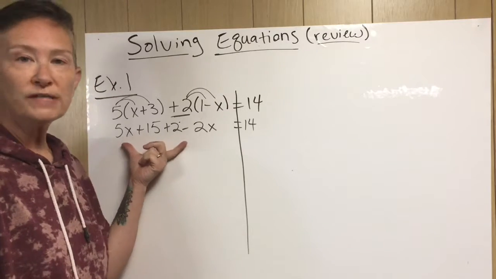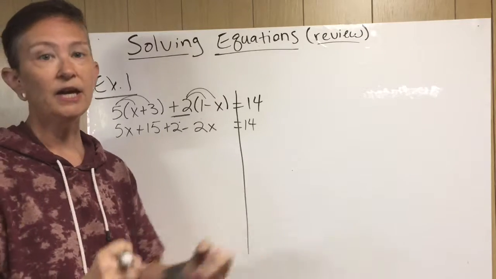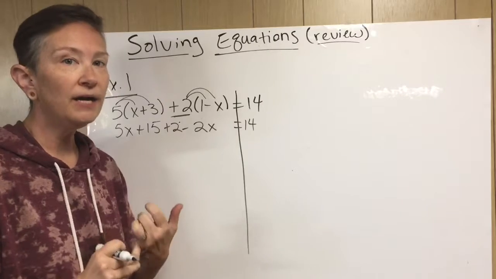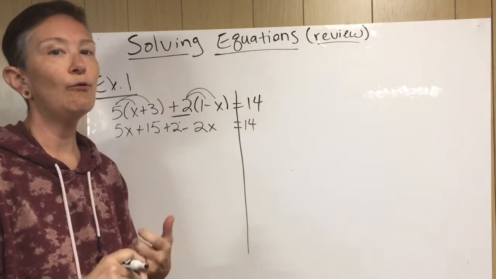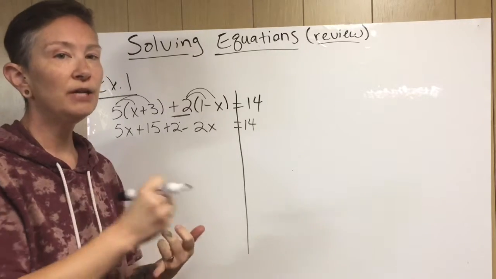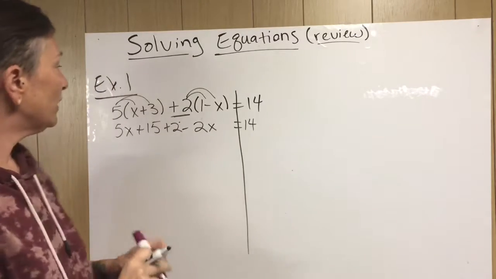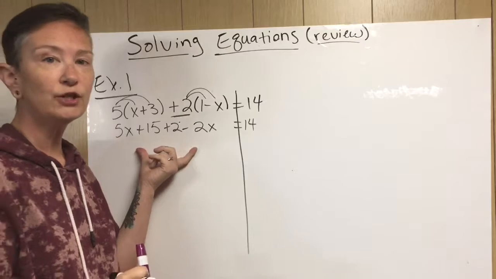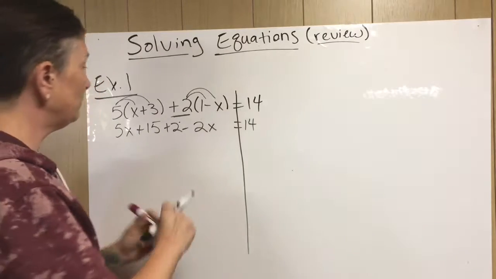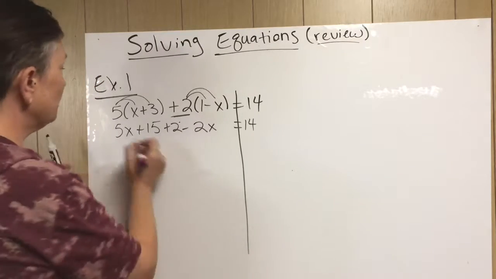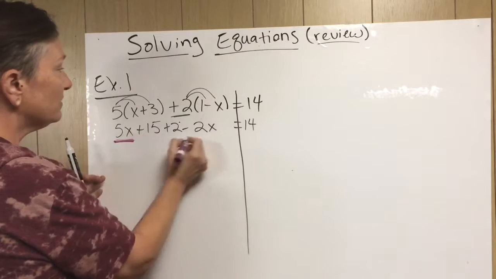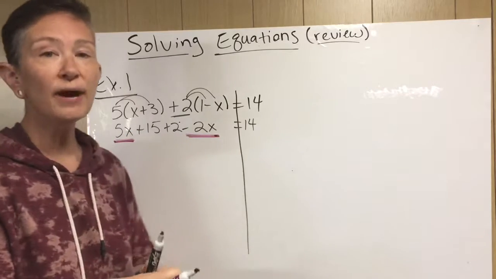Now I want to look at one side of the equals versus the other side and ask myself, can I combine any like terms before I proceed to eliminate and get the x by itself? What I notice is I have a couple of like terms on this left-hand side. So I can combine this 5x and this minus 2x together.